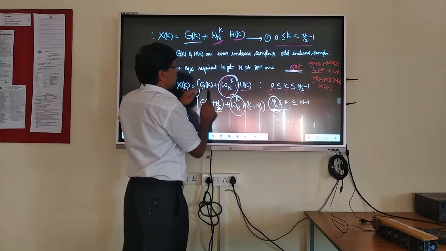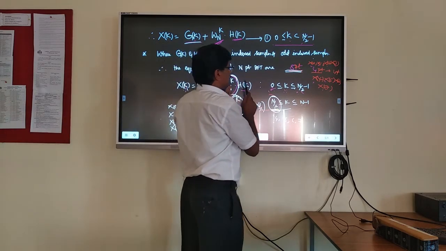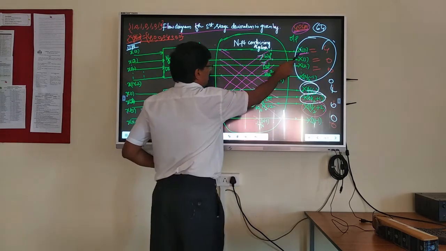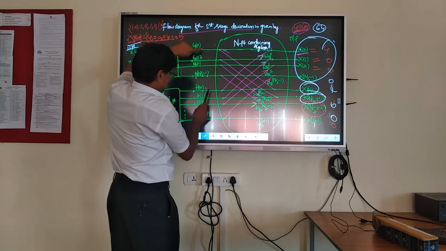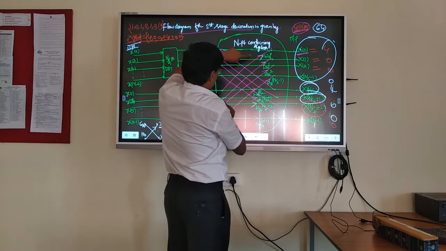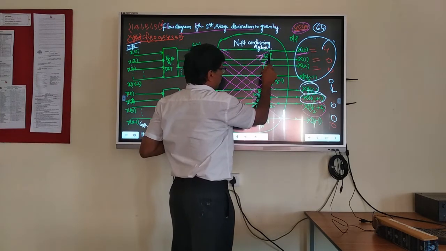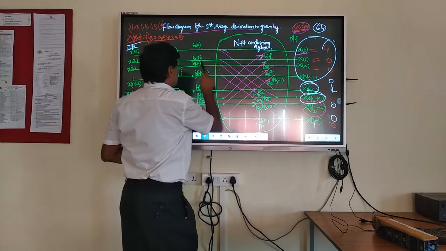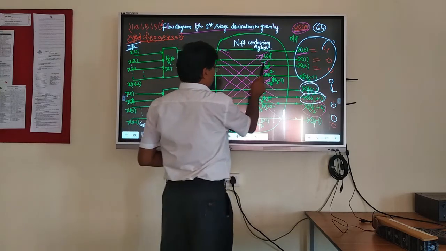X0 is equal to G0 plus omega N power 0 into H0. That is what the X0 output is. So X0 is equal to G0 plus H0 multiplied by omega N power 0. Similarly, X1 is nothing but G1 plus H1 into omega N power 1.